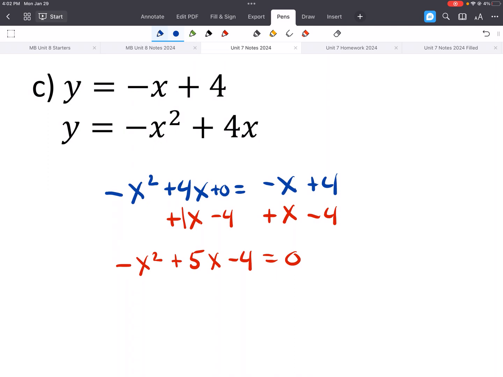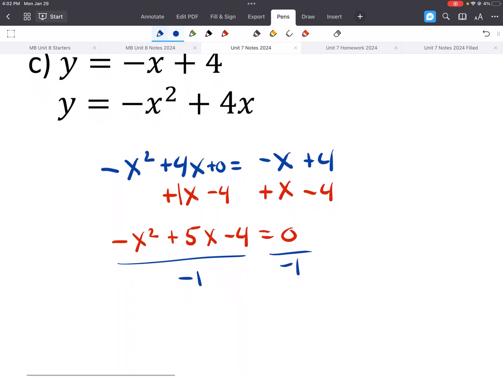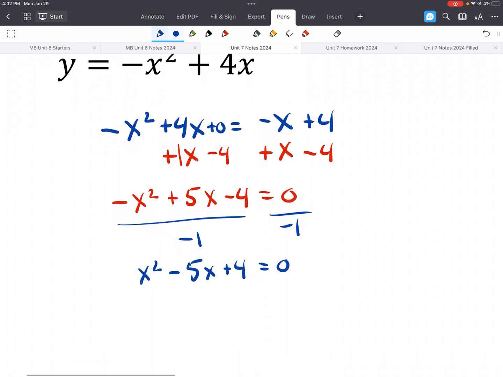And then again, we have a greatest common factor of a negative 1. So we'd end up getting x squared minus 5x plus 4 equals 0. And then we'll have to do the puzzle. So what multiplies to 4 that could also add to negative 5? So I think it would be 1 and 4, both negative.